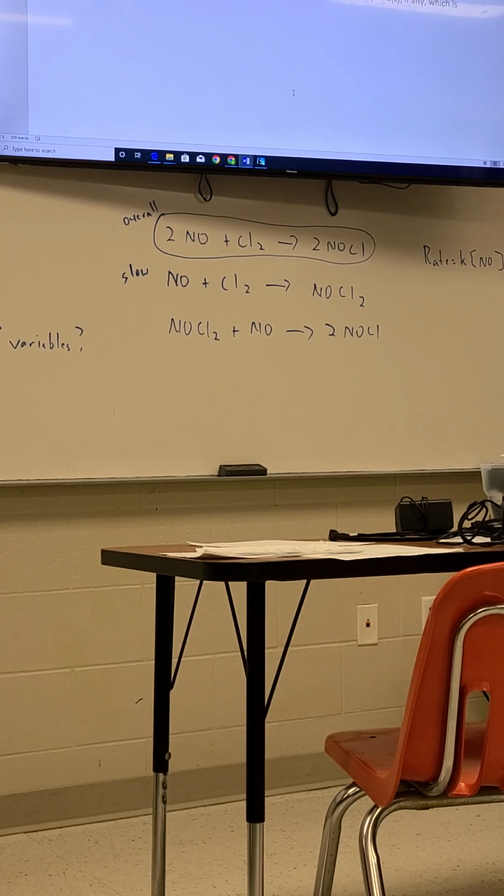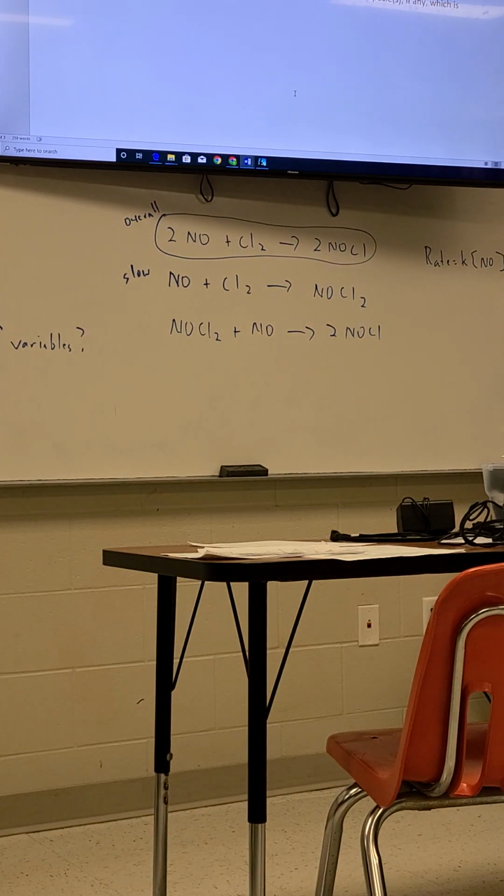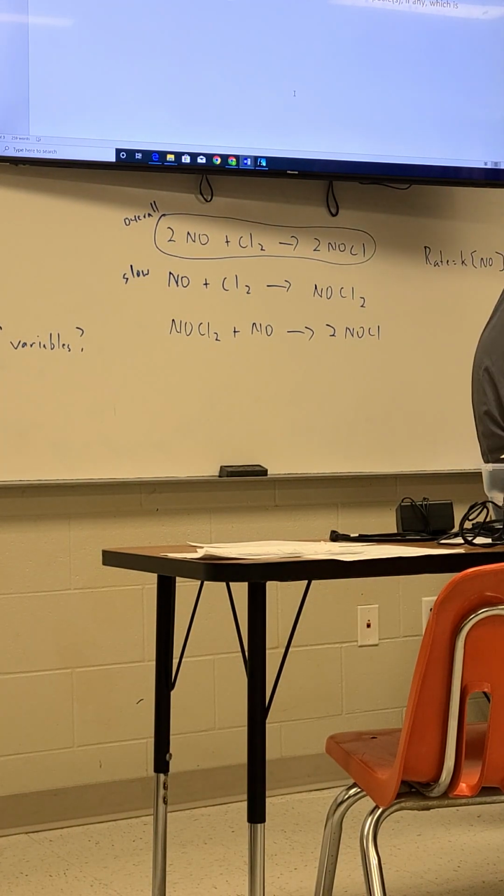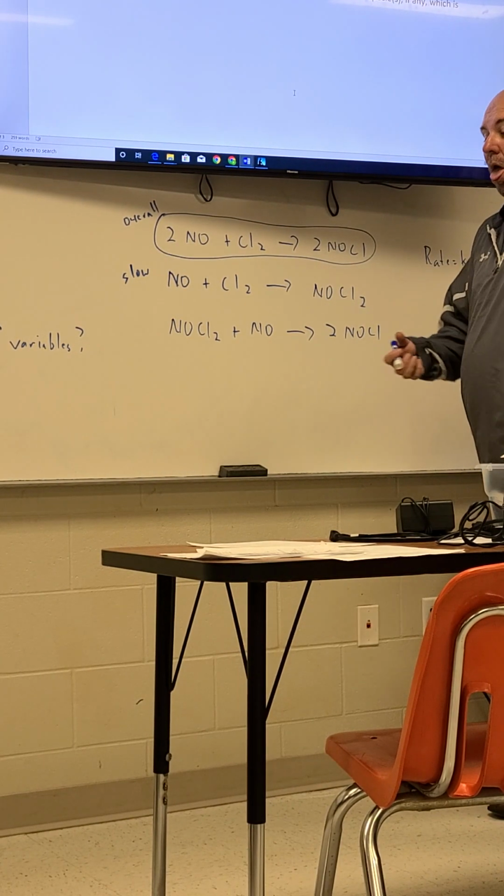All right, so 3 is an intermediate catalyst setup. We know an intermediate is something that is produced and then consumed. A catalyst is just the opposite: it's consumed and then produced. Something that we have as a reactant initially and then as a product later on. So instead of consuming it, you cough it up.